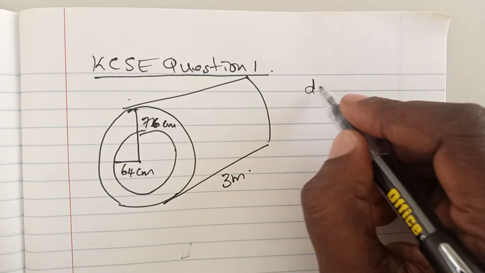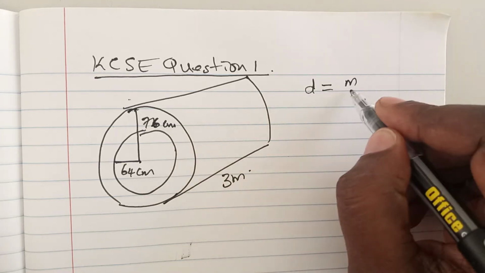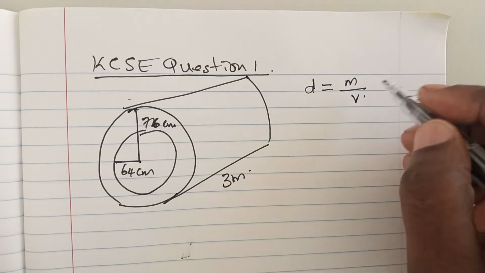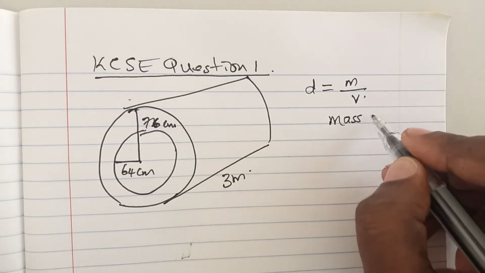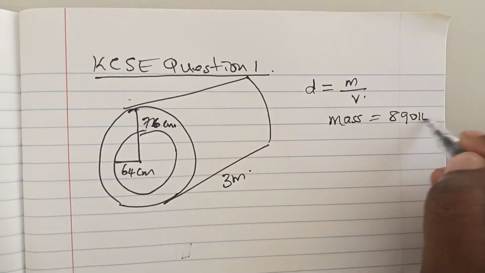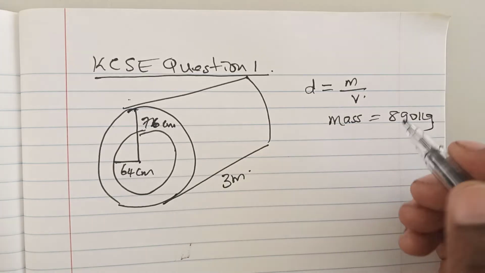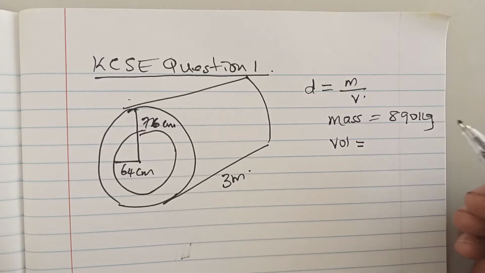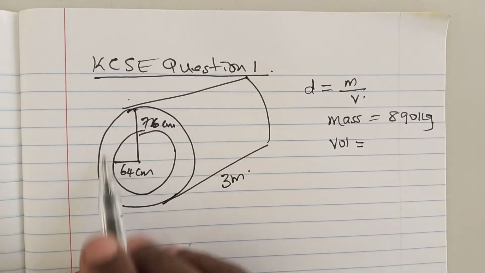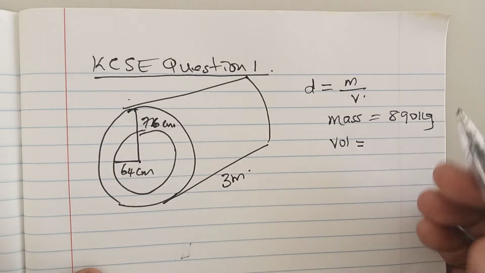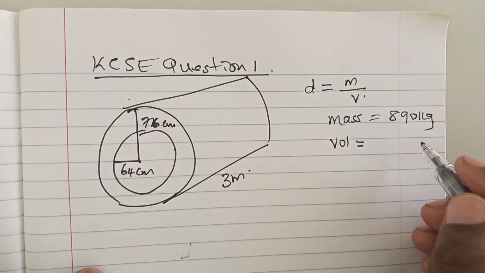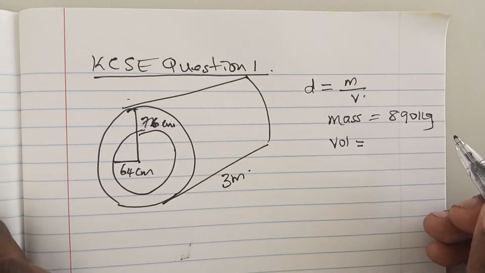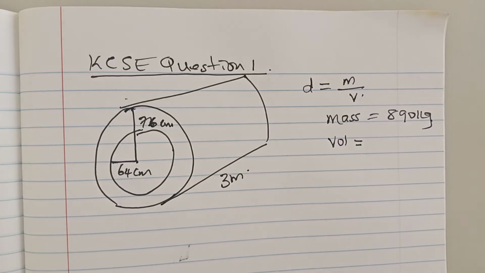As we know, density is mass over volume. We have the mass, which is 890 kg. We need to calculate the volume, which is the cross-sectional area times the height. With that, we are going to find the density.